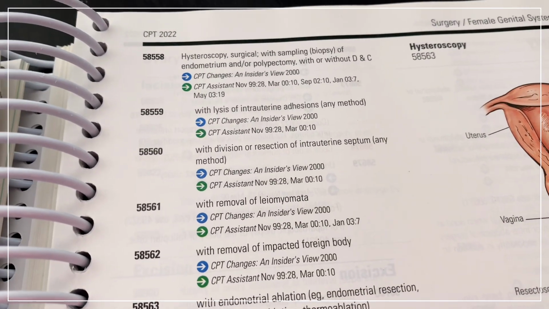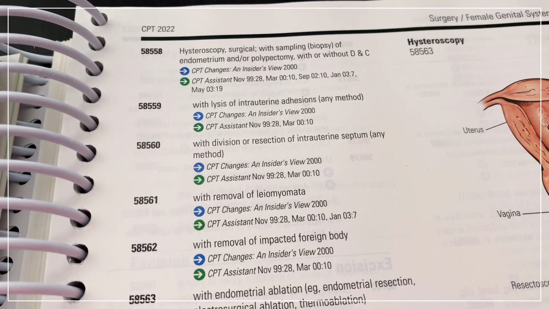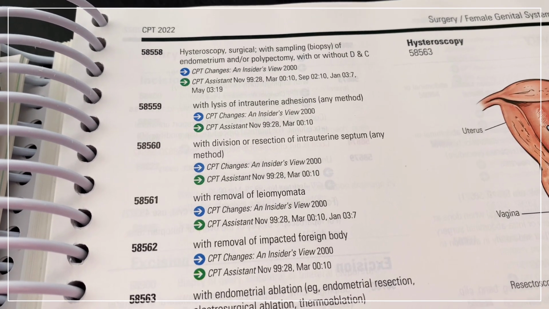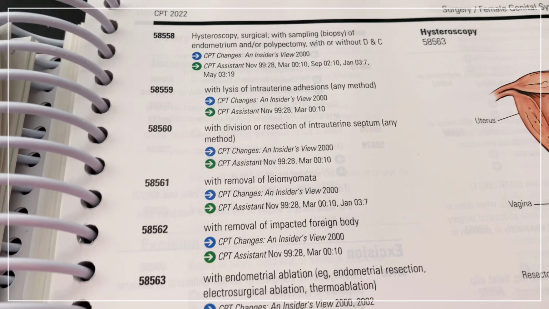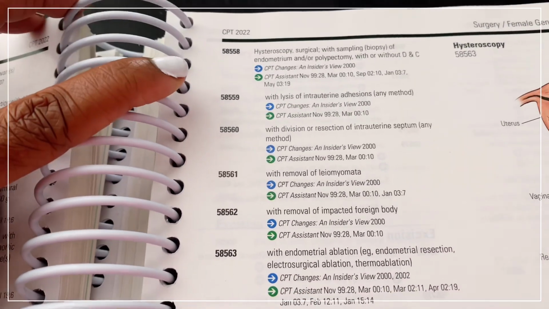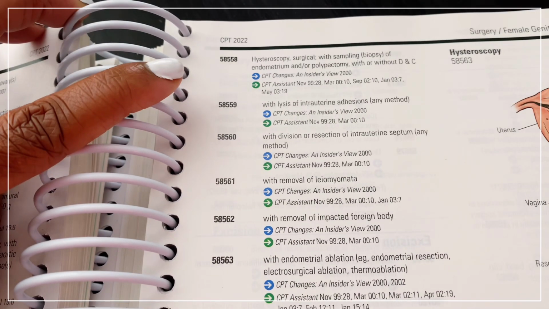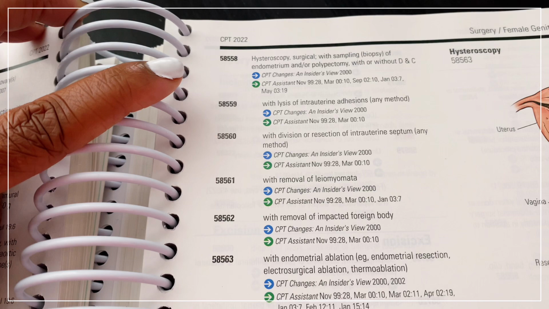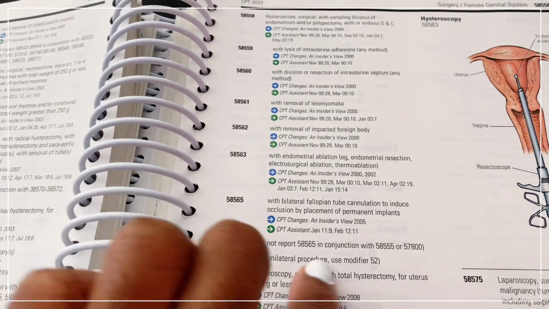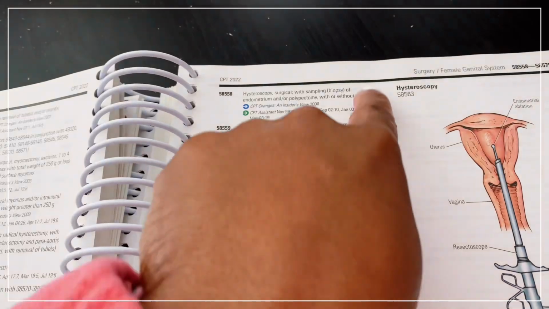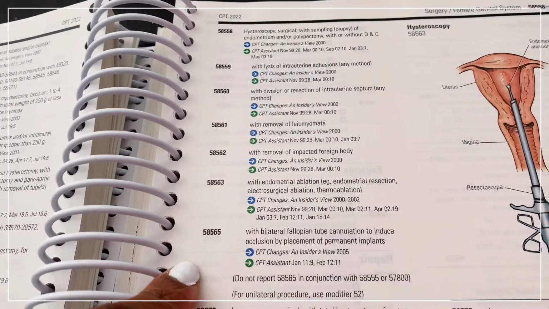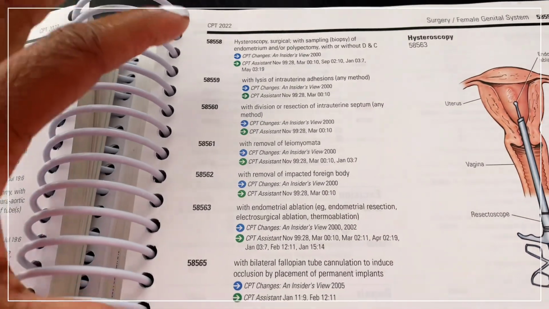So hysteroscopy, surgical with sampling of endometrium and/or polypectomy with or without D&C. Normally you would want to bubble from here to here and circle around these, so that you know all these procedures are bubbled together.